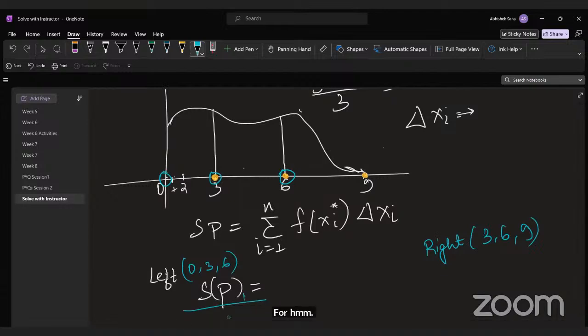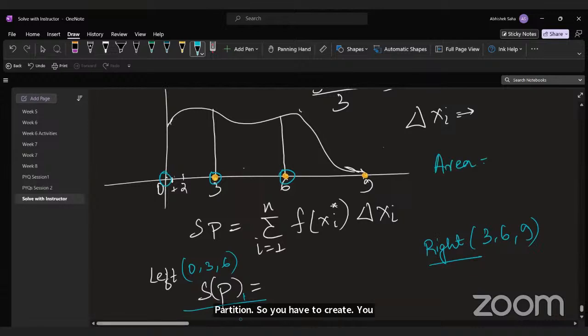There are three partitions, so you get three areas, and you take the summation of these. This will give the left Riemann sum and this will give the right Riemann sum. To find the area, you take the average of the left and right: left plus right, divided by 2. This will be the area.